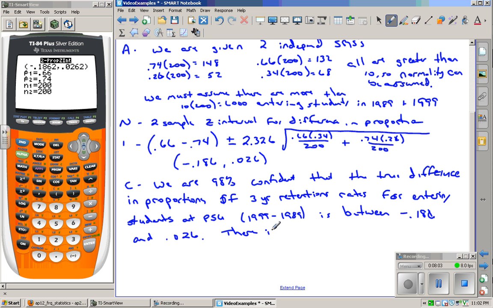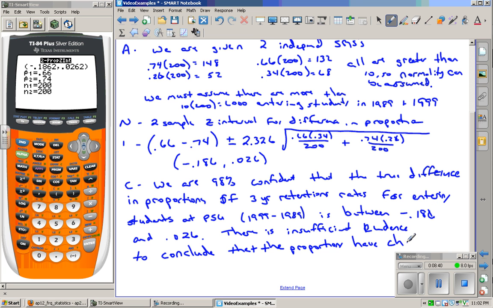There is insufficient evidence to conclude that the proportions have changed.